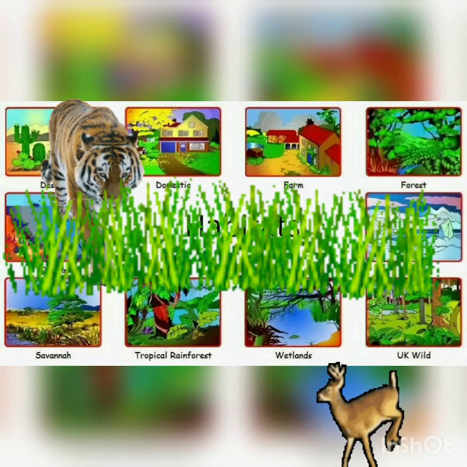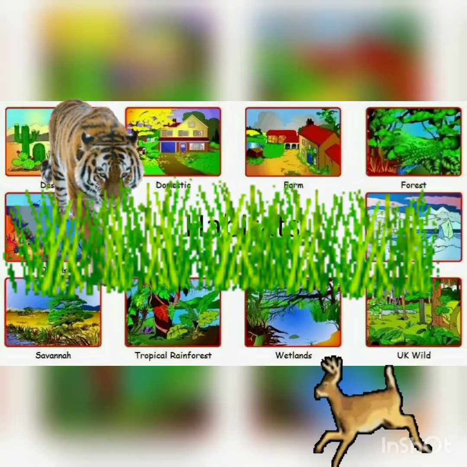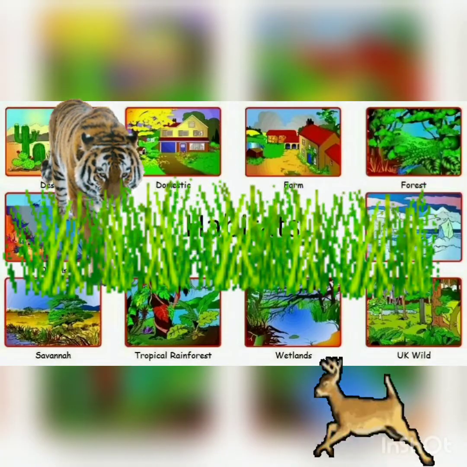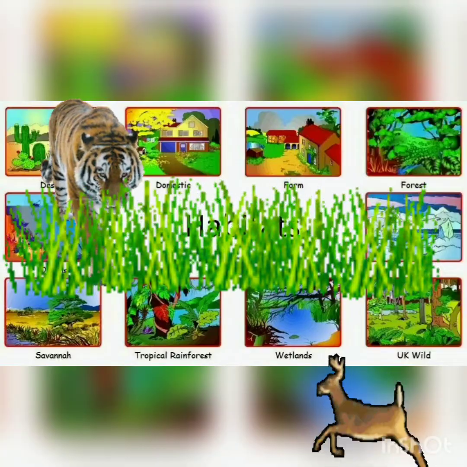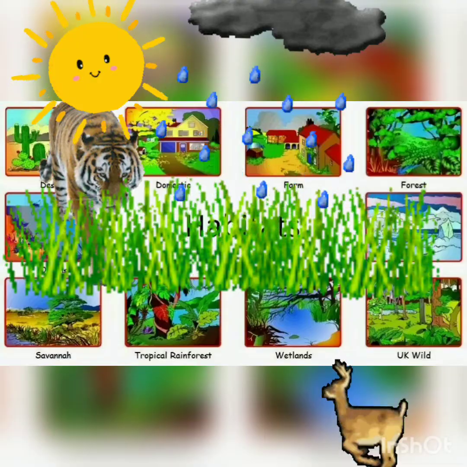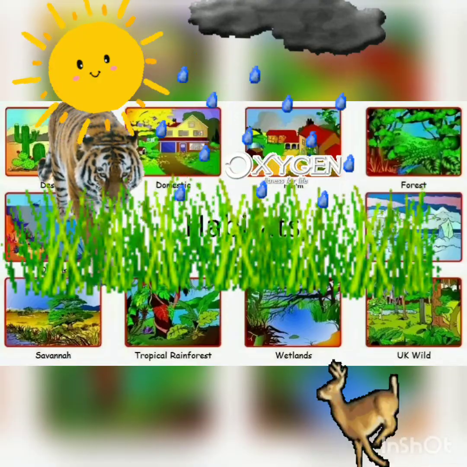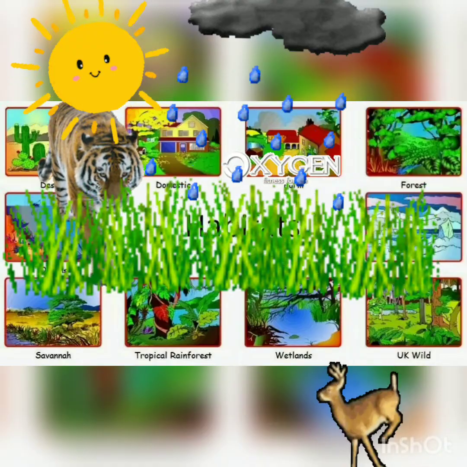It should also have shady trees and shrubs where it can hide and wait for its prey. The habitat should also have abiotic components such as rainfall, temperature, oxygen, and so on. So, when I talk about habitat, I don't just talk about the living components, but I also talk about the non living components.